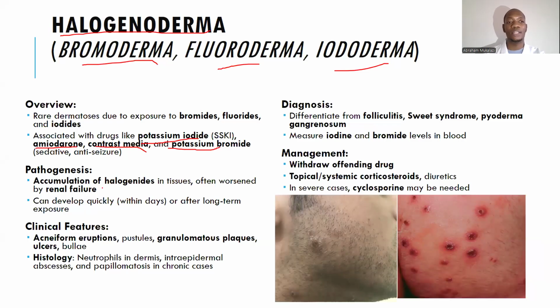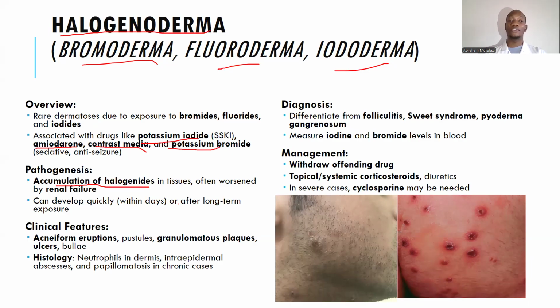These are usually common in sedatives or even used as an anti-seizure medicine. And then also if you are doing a CT scan, they usually give a contrast that can contain these chemicals. Or sometimes if someone is on supplementation for iodine deficiency, they give drugs that have iodine, and they can also trigger this reaction.